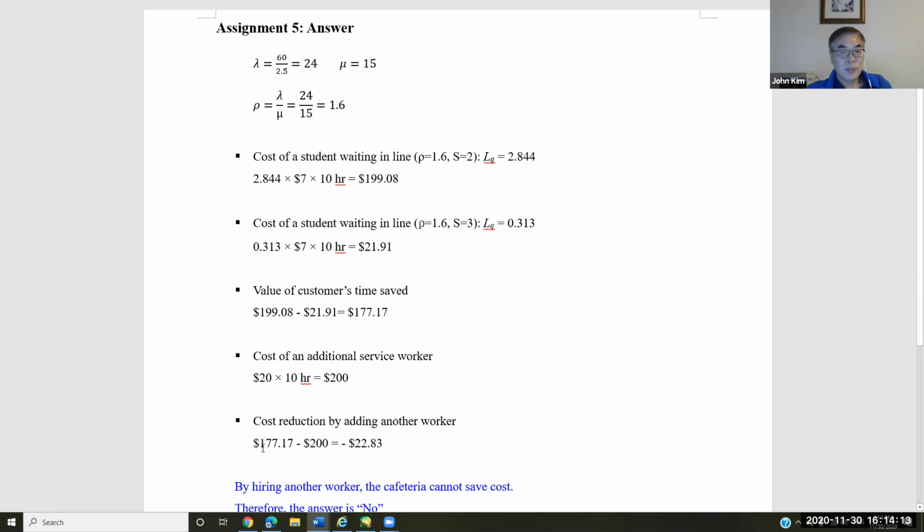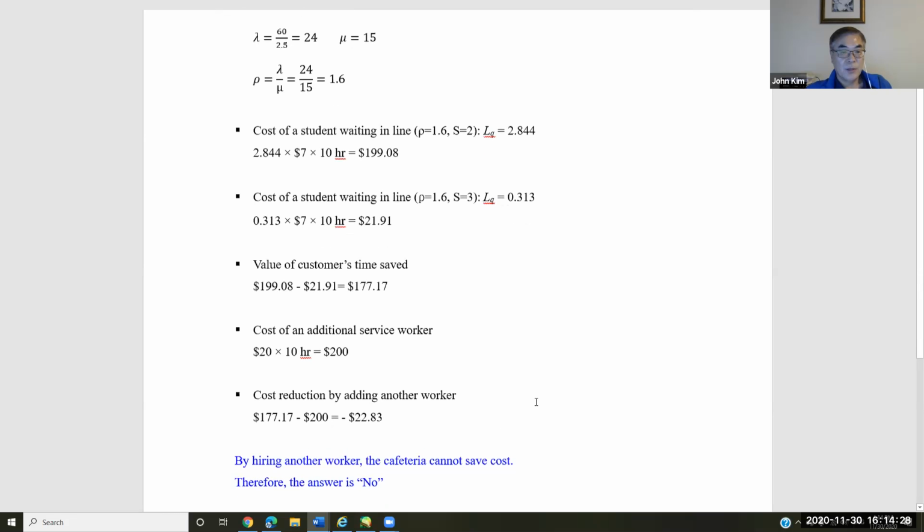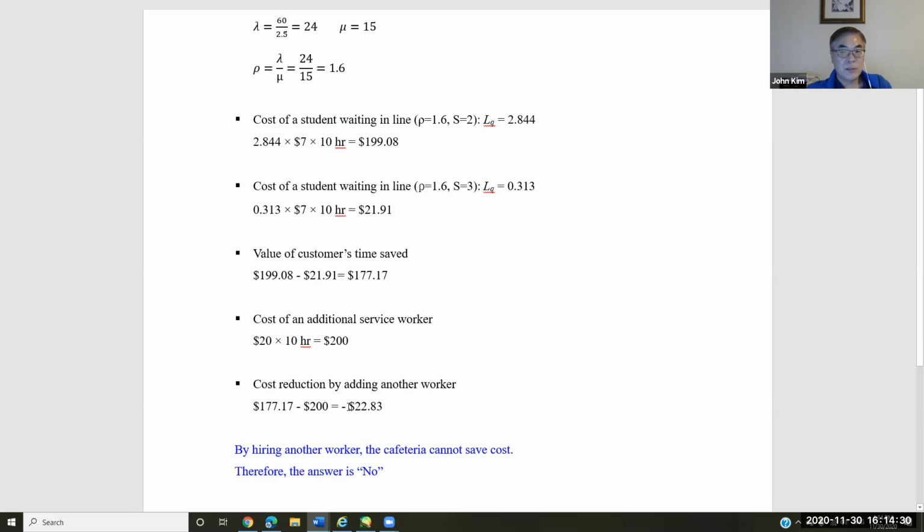So save 177.17, but the hiring cost is $200. The result is negative 22.83. If this result is positive, then the decision is hire one more, because there is benefit from hiring one more worker or clerk.